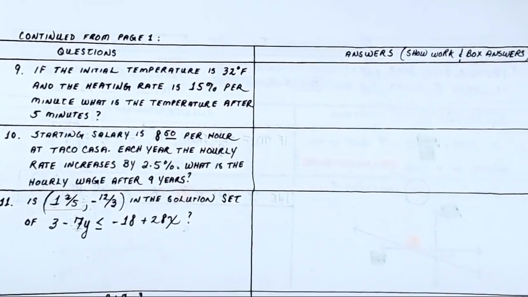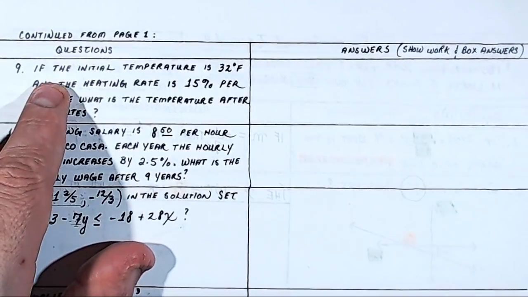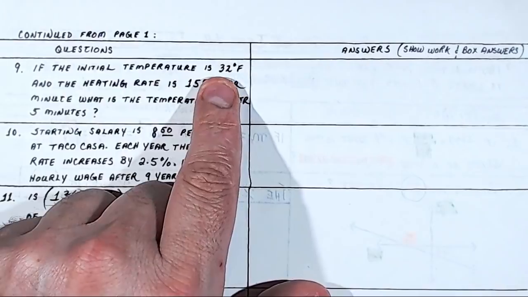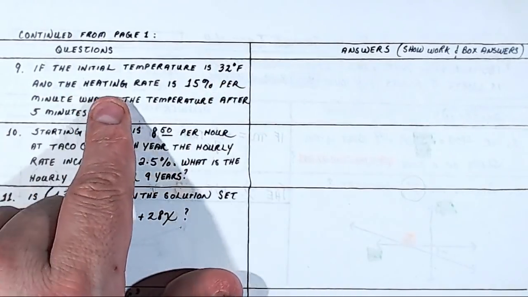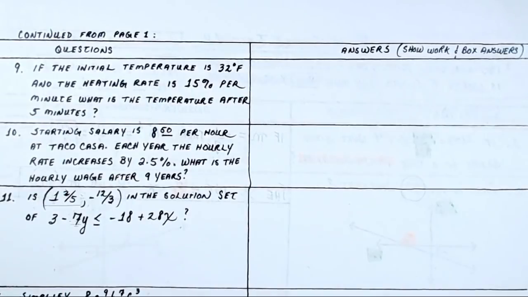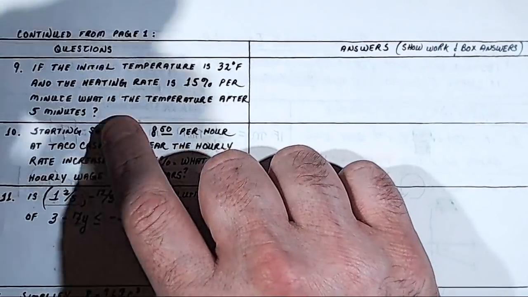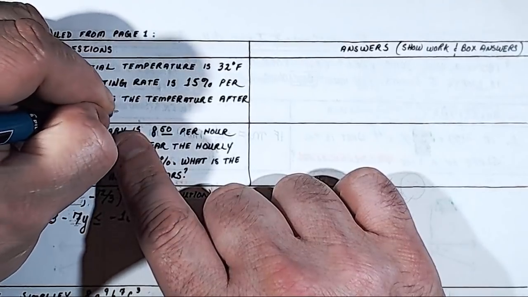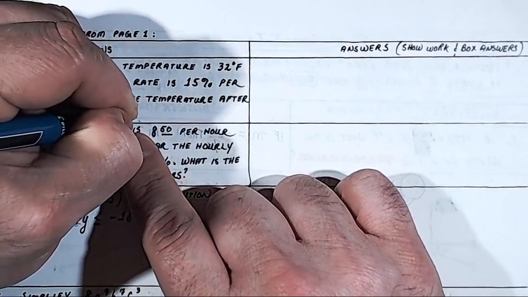All right. Number 9. If the initial temperature is 32 degrees Fahrenheit and the heating rate is 15 degrees per minute, what is the temperature after 5 minutes? There's a lot of things that are triggering in your head right now to make you think this is an exponential function.